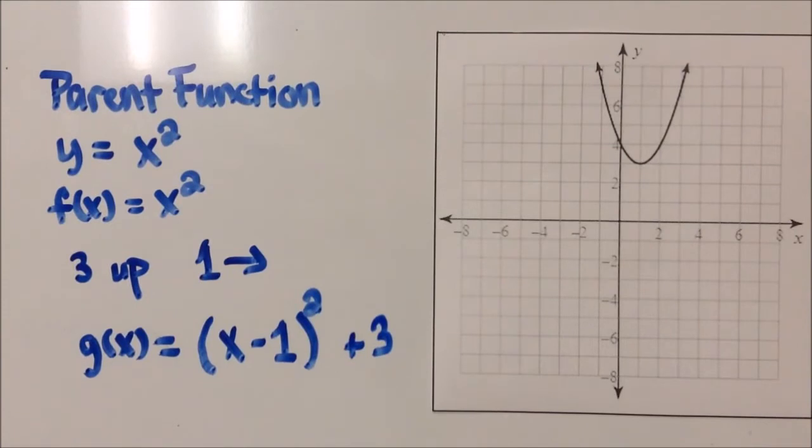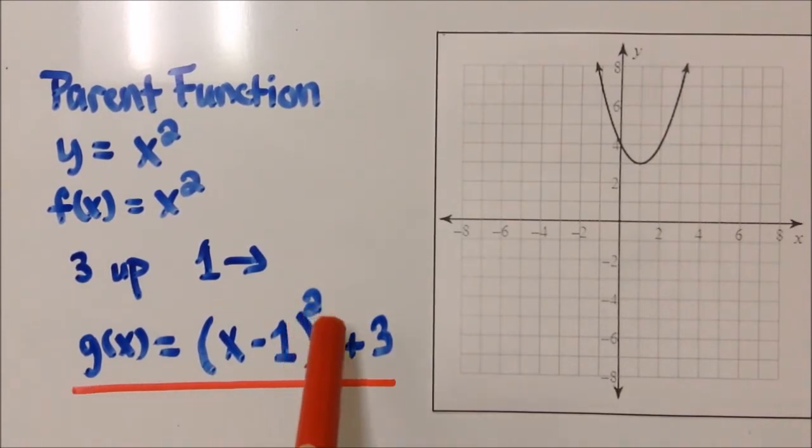So our transform equation is g of x equals the square of x minus 1 plus 3. So that will be our final answer for this graph right here.